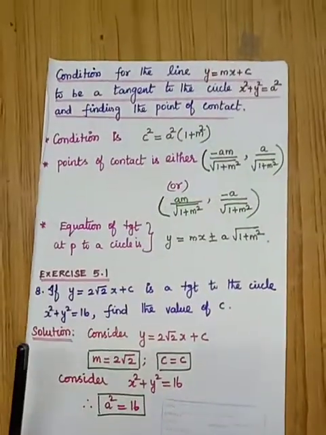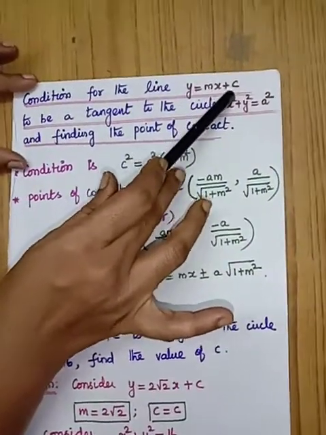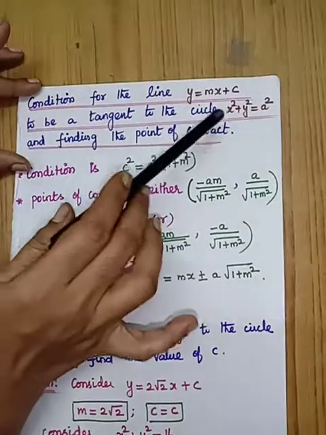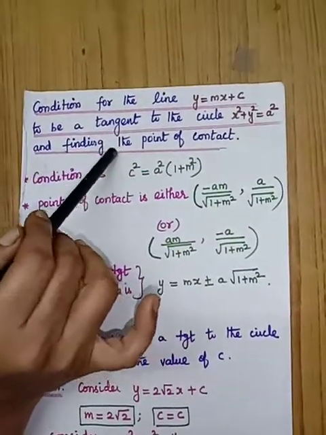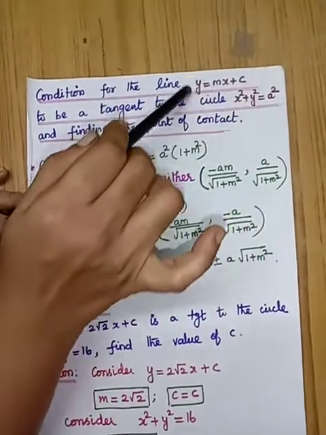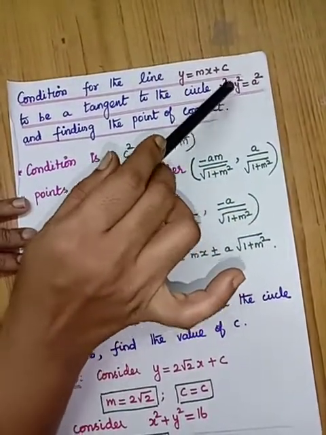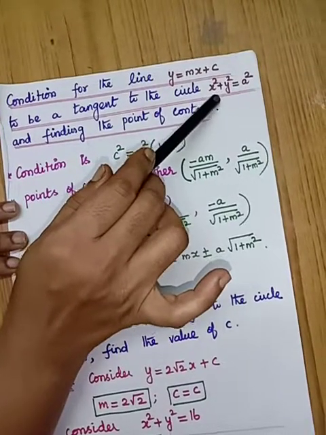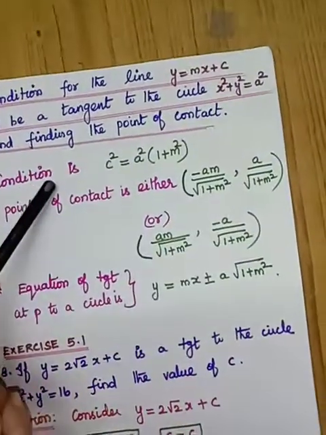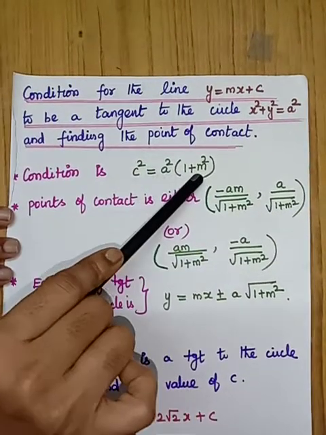Okay, so the next result: the condition for the line y is equal to mx plus c to be a tangent to the circle, and we are going to find the point of contact. You see that this line, which is in the form of y is equal to mx plus c, under what condition will it become a tangent to this circle? The condition is c squared is equal to a squared into 1 plus m squared.